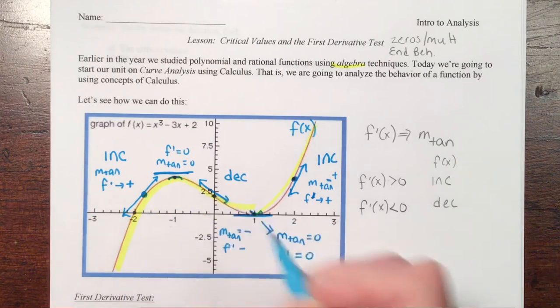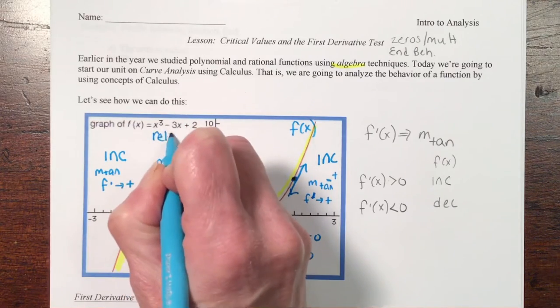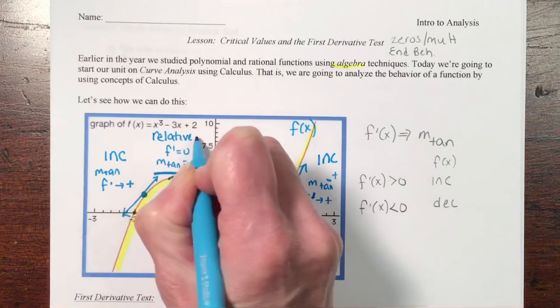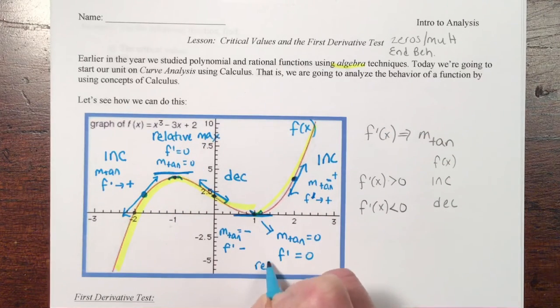Okay, anytime we have a turning point, that means our graph can have either a maximum or a minimum value. We're going to refer to these in calculus as relative maximum values or relative minimum values. And we'll describe them a little bit in more detail in a few minutes.